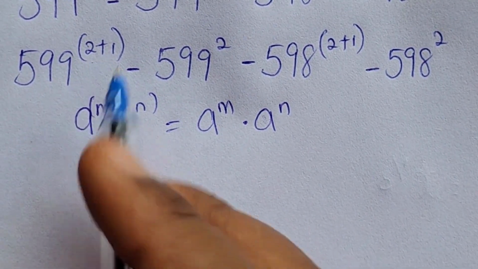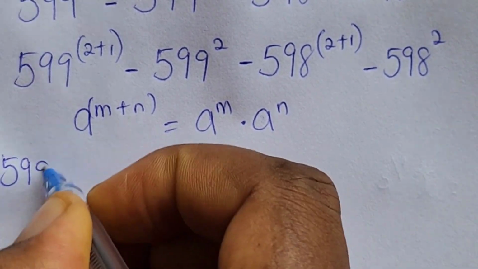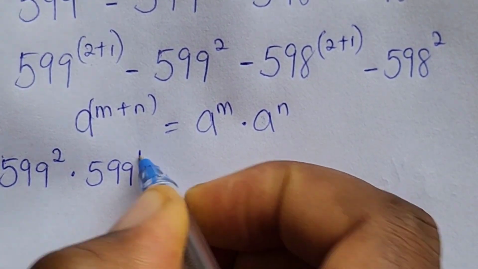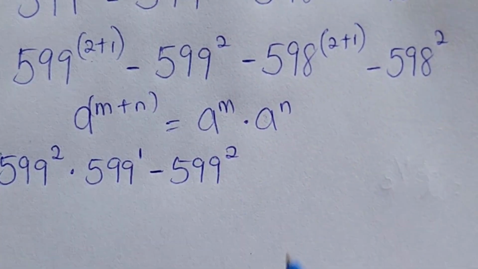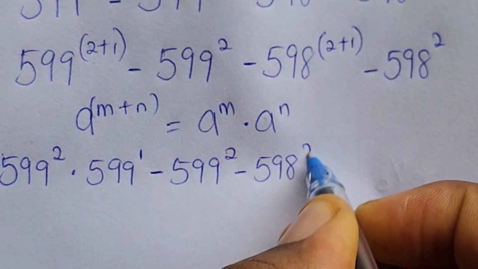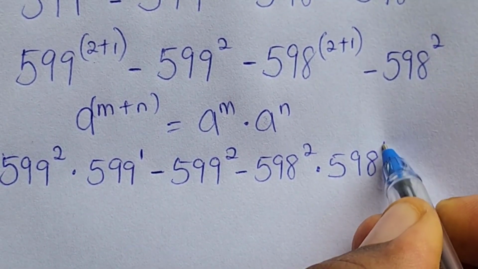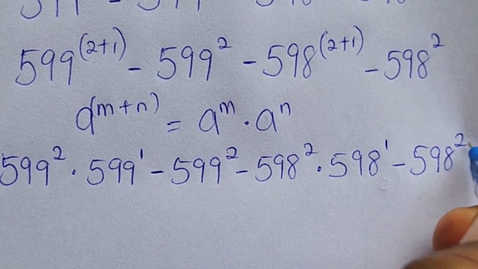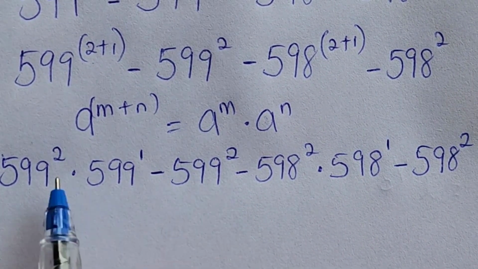So when we split this, we have 599 to the power of 2 times 599 to the power of 1 minus 599 to the power of 2. And we have minus 598 to the power of 2 times 598 to the power of 1 minus 598 to the power of 2.